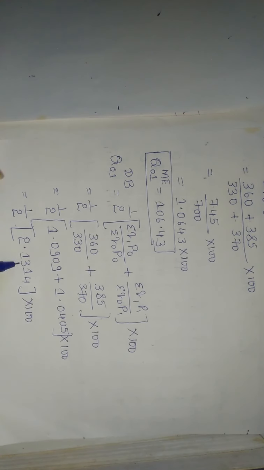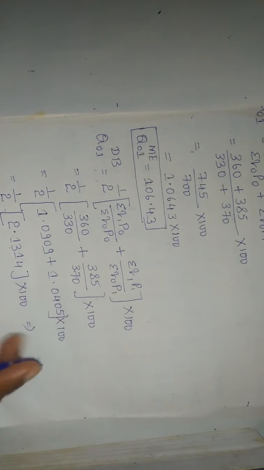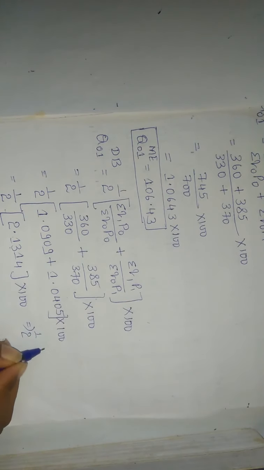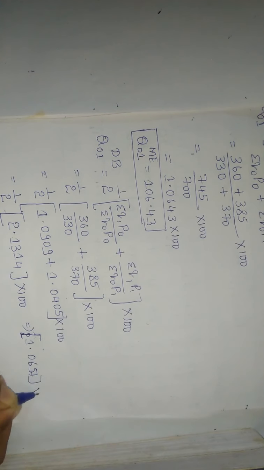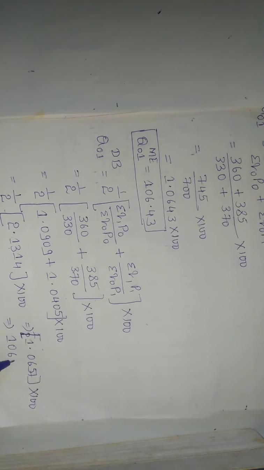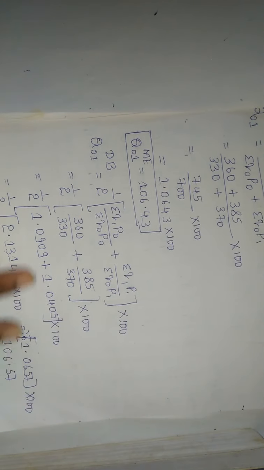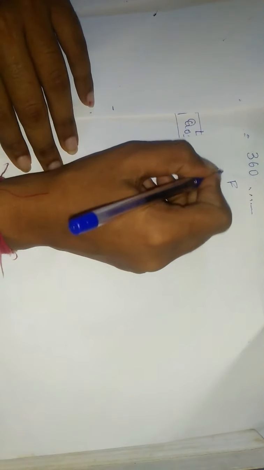So multiply this value, that is equal to 1 divided by 2, that is 1.0657 into 100. So the answer is 106.57.